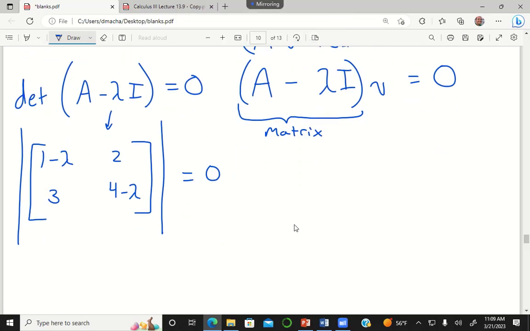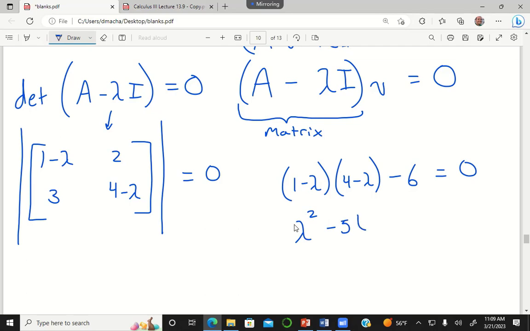And so if you remember the determinant, then this is going to give me 1 minus lambda times 4 minus lambda minus 2 times 3, which is 6, equals 0. If I multiply that out, I'm going to get lambda squared minus 4 lambda minus lambda, so minus 5 lambda, plus 4 minus 6, so minus 2, equals 0.